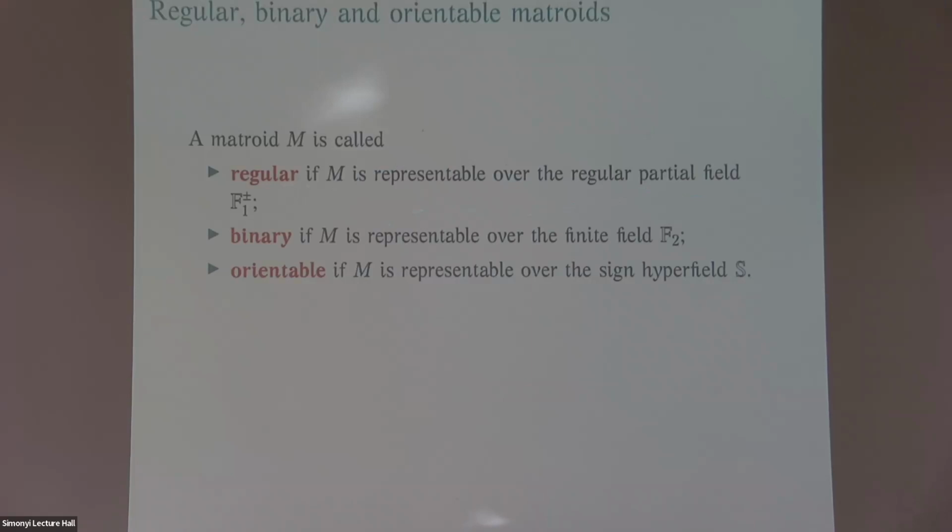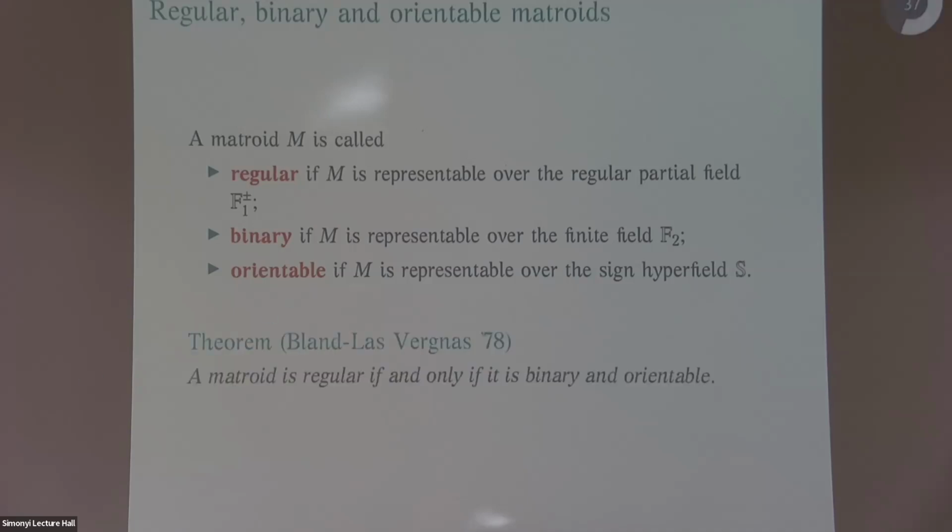Orientable corresponds to being representable over the sign hyperfield. Here we are leaving this domain of fields, and it just comes down to the usual notion of being orientable. And now you see the sentence makes sense: a matroid is regular if and only if it is binary and orientable.